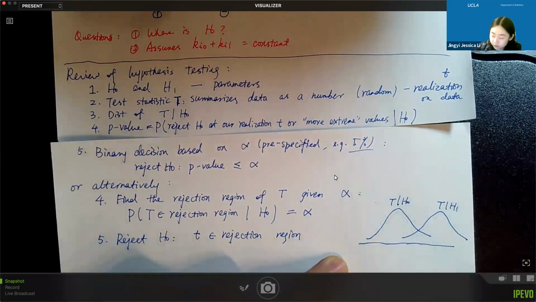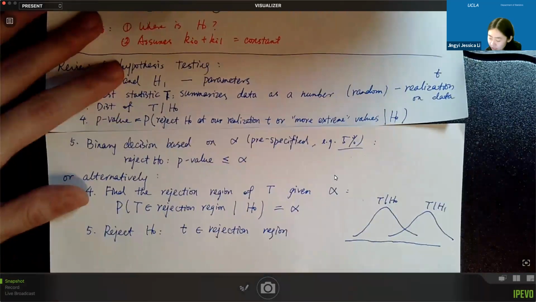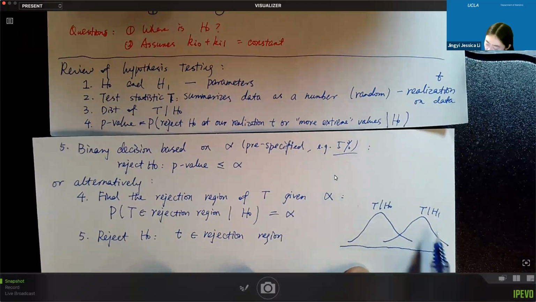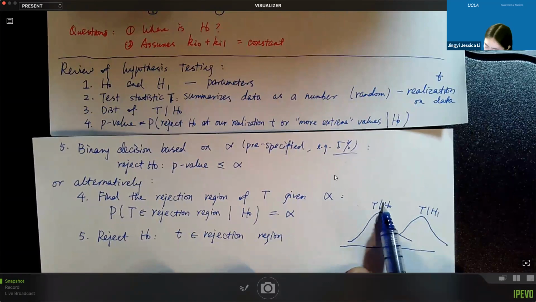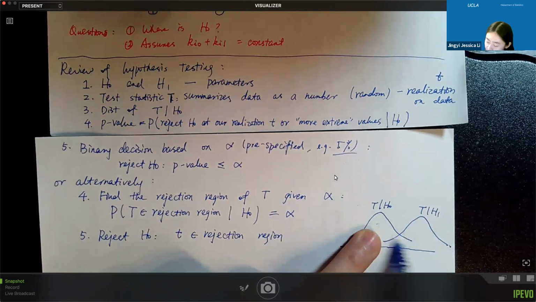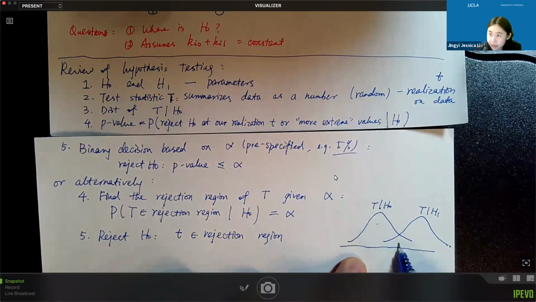If we think about this randomness in our test statistic value, you don't know which is true, H0 or H1, but you know that when H0 is true, the test statistic will follow this distribution. When the alternative is true, the test statistic will follow another distribution. Although they are distinct, there's a large overlap in the middle.